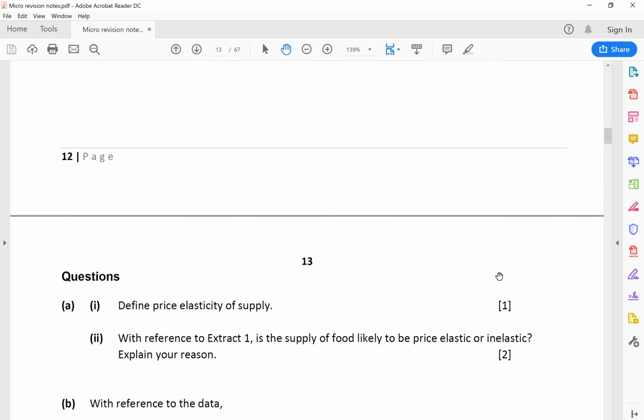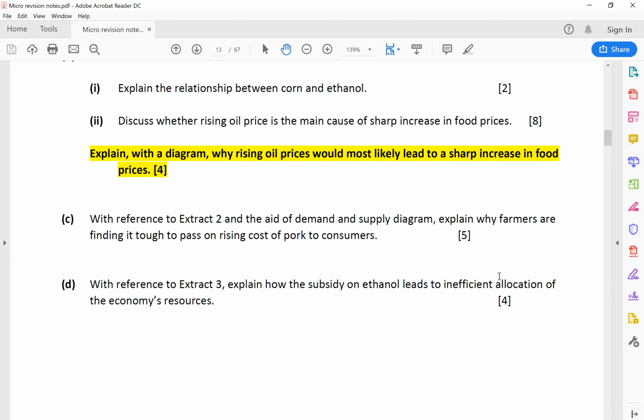The sample answer is behind, but I'm going to use this time to go through with you all. Okay, so let me go through this. This is page 13, right?